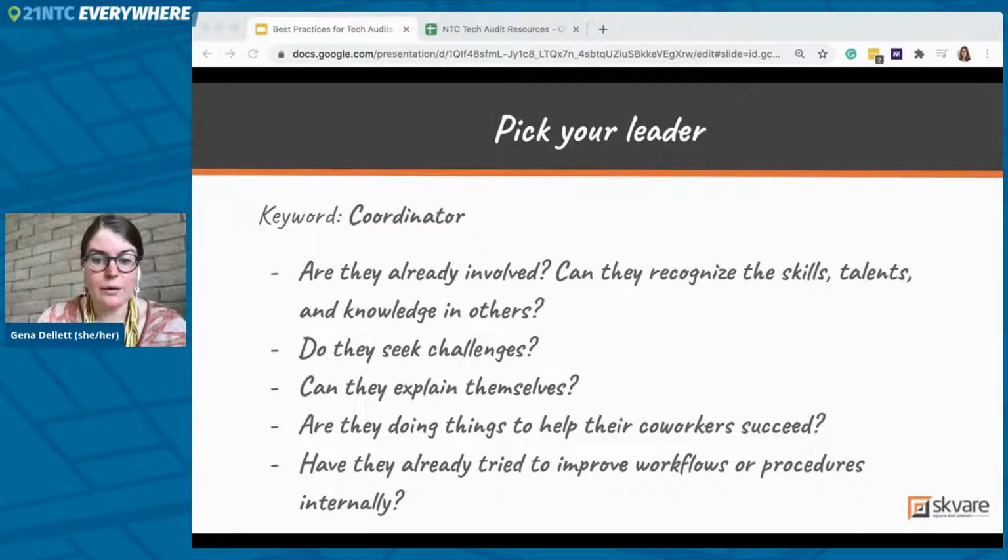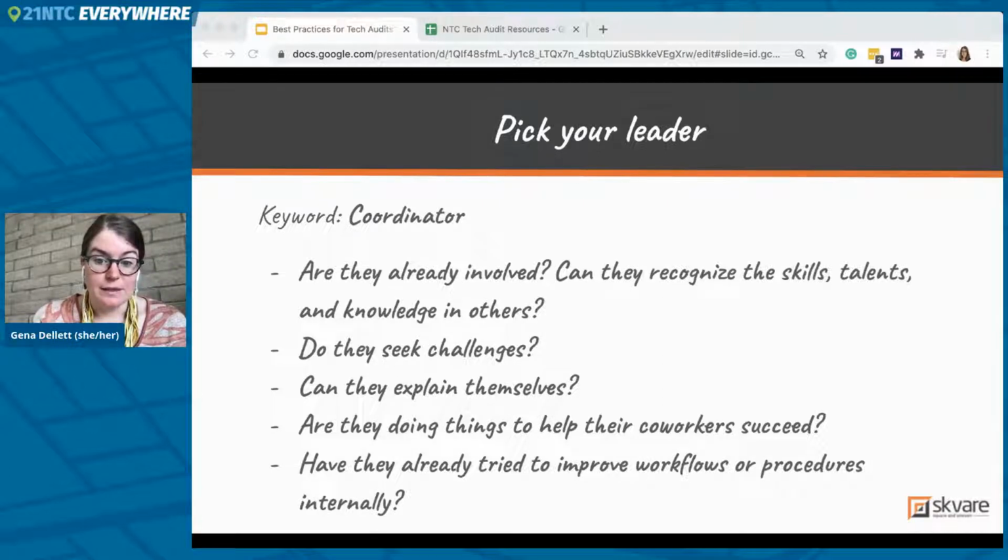Some of those are how are they involved already? So have they been able to recognize the skills, talents, and knowledge in others around them? Do they naturally seek a challenge? Are they someone who naturally asks questions? Can they explain themselves well? And is that something that's equal in both written communications or verbal communications?